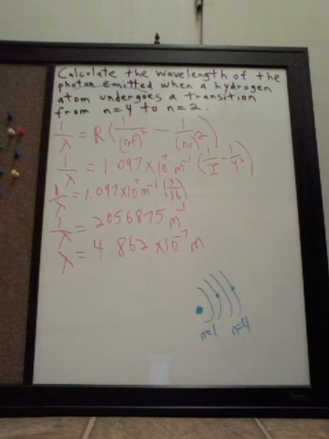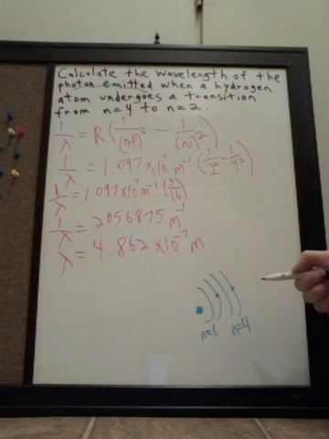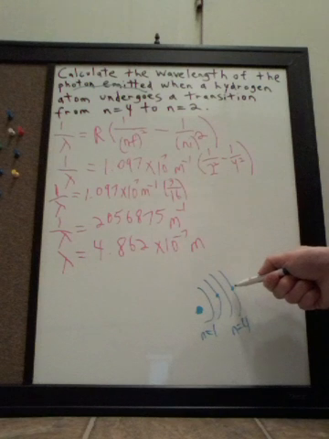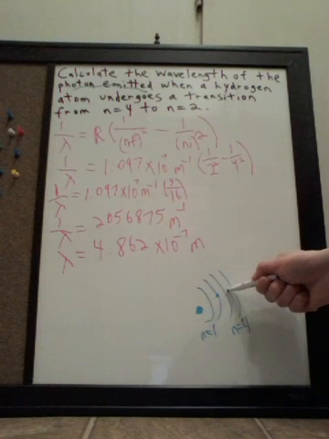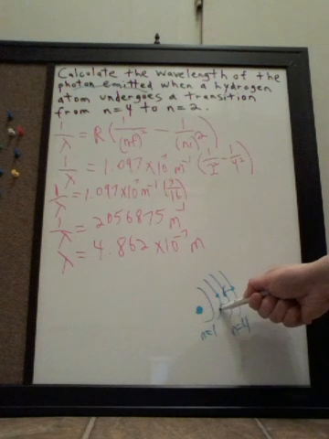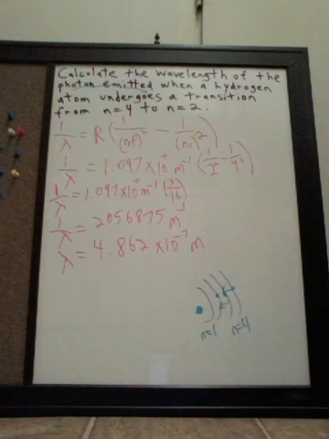If energy is released, that means the electron relaxes. So if it starts at n equals 4, it relaxes to n equals 3, then n equals 2. That's a little bit of the basic concepts.